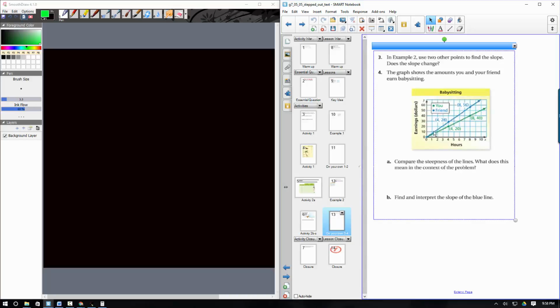So look at the steepness of these lines. Notice how the blue one is steeper, right? Well, let's figure out why. If I figure out the difference, and how you figure out the difference is you make a quick table. I'm just going to say 4, 28 and 8, 56. And I'm going to find the difference between these. So this is going up by 28.